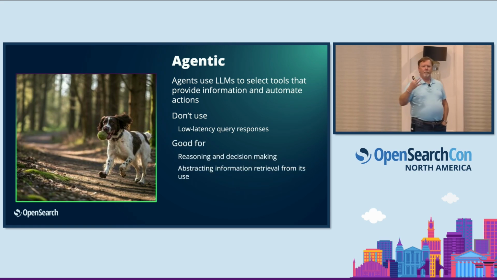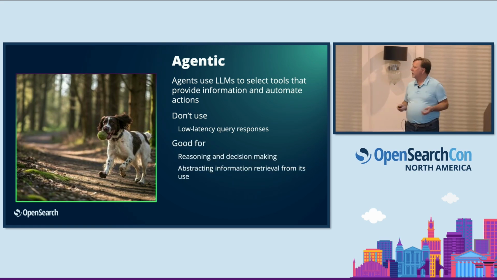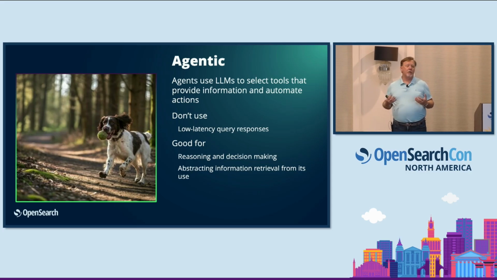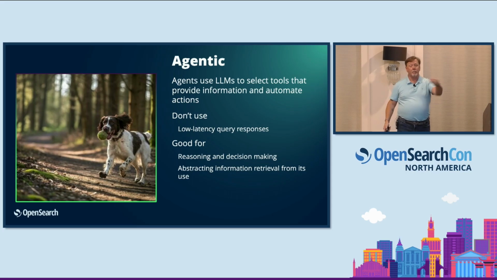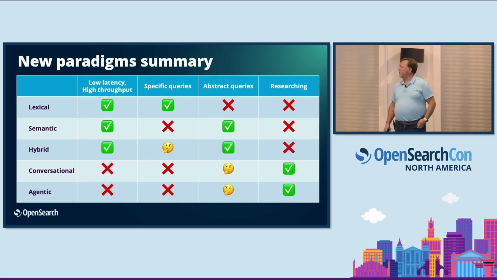And it's good for reasoning and decision-making use cases. It's good for abstracting information retrieval from the specific use, right? So by employing different tools and different strategies, you can expand out into the space of available information to bring in something that's relevant.